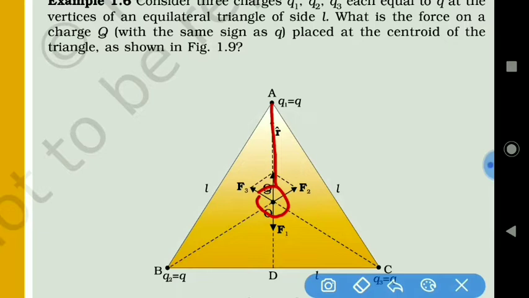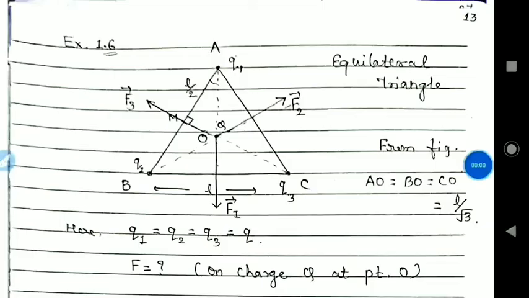Then we will find the force acting on this charged particle Q due to the second charged particle, and then the force due to the third charge. Individually we will find the force on this charge Q, and then we will add them by using the principle of superposition.